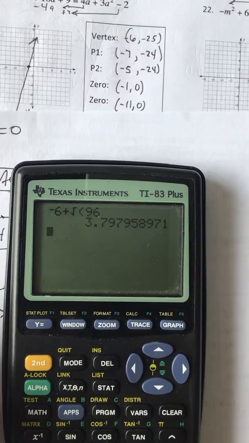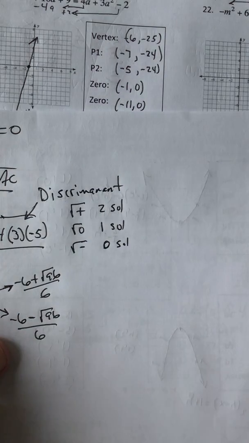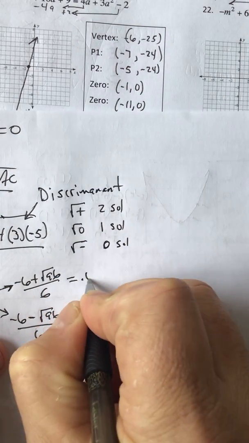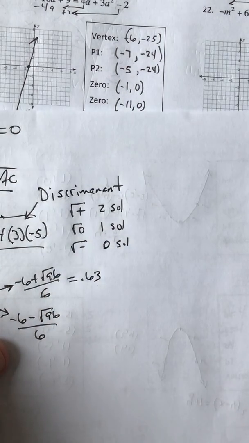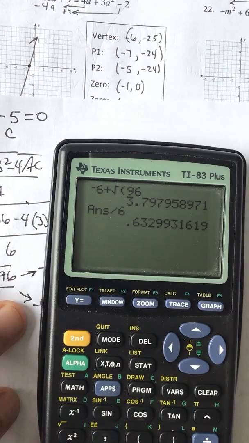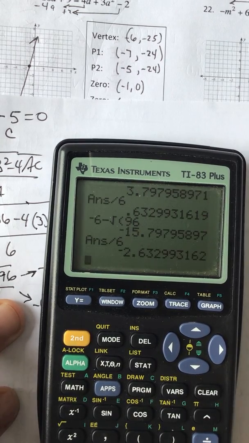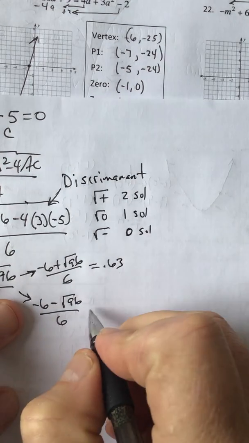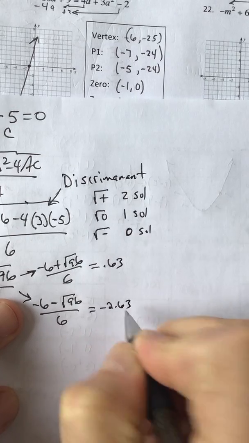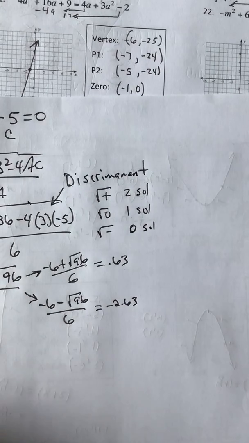So the top part is 3.79, divided by 6, so 0.63. Then I need negative 6 minus the square root of 96, divided by 6. Negative 2.63. Okay, those are the 2 zeros.